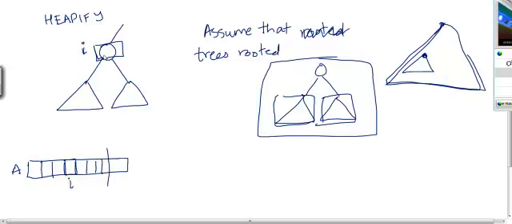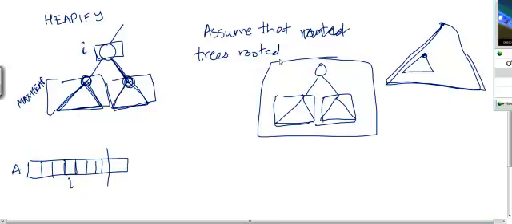And what we are saying is that the left subtree rooted at the left child of I, and the right subtree rooted at the right child of I, both of them are going to be max heaps. Right? If the whole thing is a max heap, these two are also going to be max heaps.